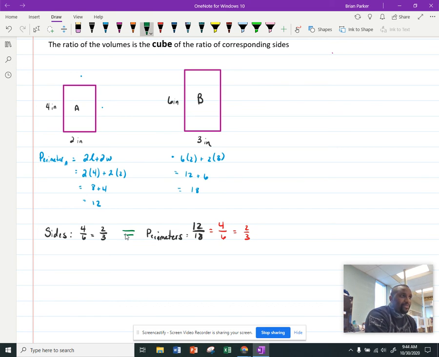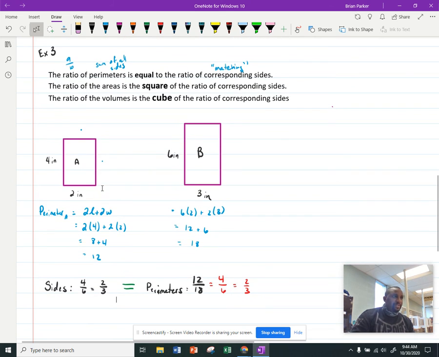All right. Then they give us another statement. It says the ratio of the areas is the square of the ratio of the corresponding sides. All right, so let's try that. Let's take the ratio of the sides squared.